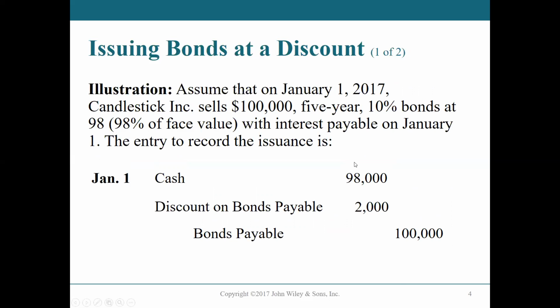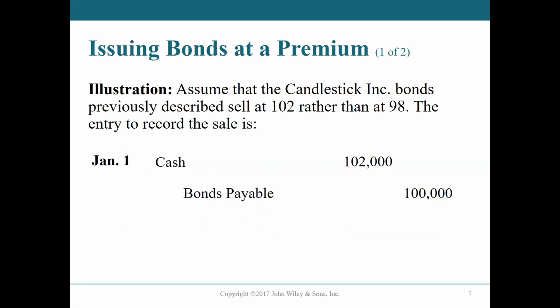So we're going to have to pay back an additional $2,000 more than what we got, plus the interest. Whereas if we issue them at a premium, for $102,000, we get $102,000 in cash. We still have to pay back the same $100,000, but we got an additional $2,000. If you think about that, it reduces the cost of borrowing the money. So premiums reduce the cost of borrowing.